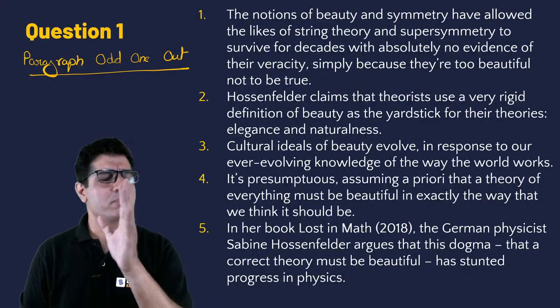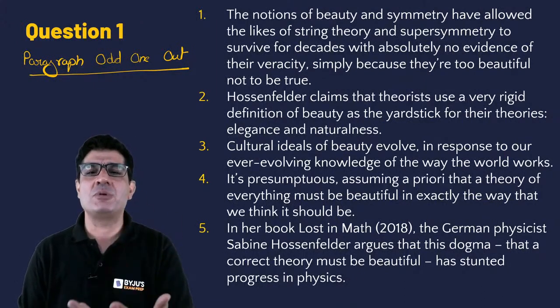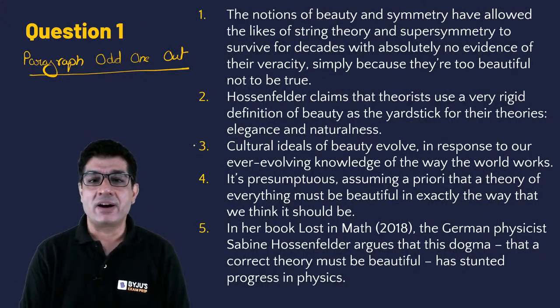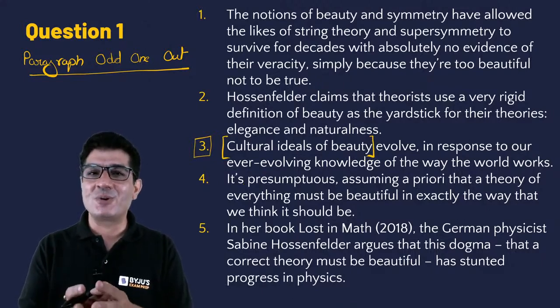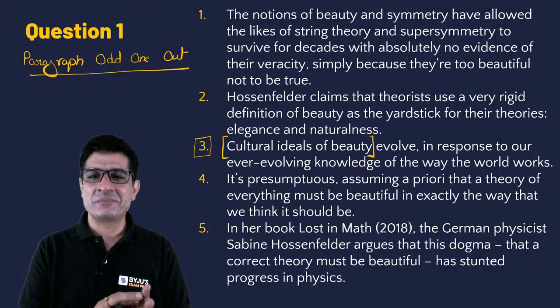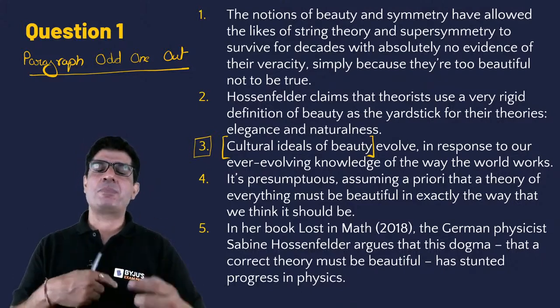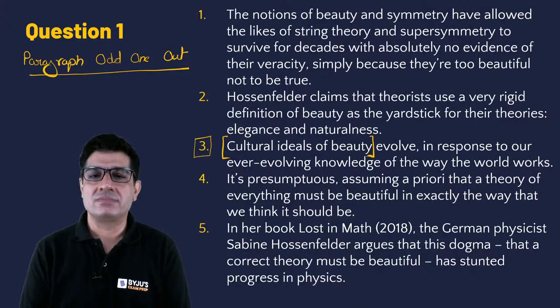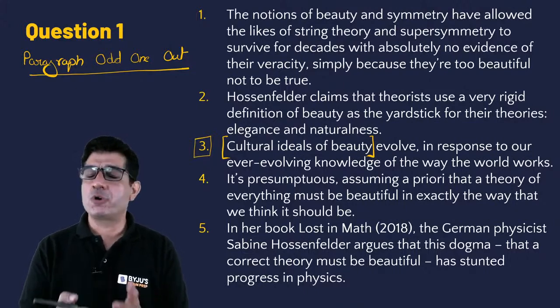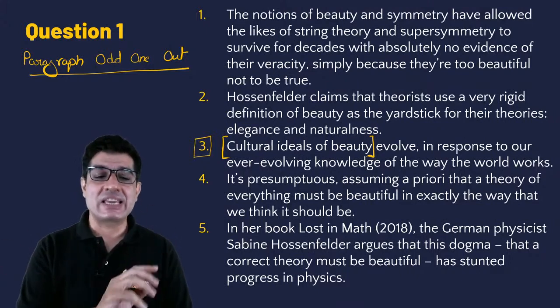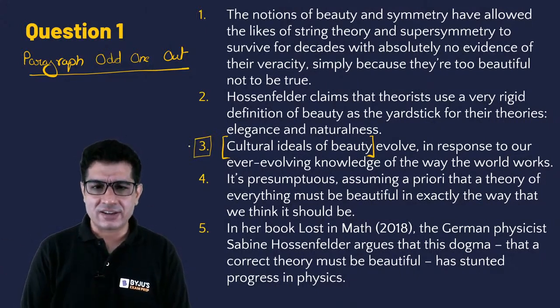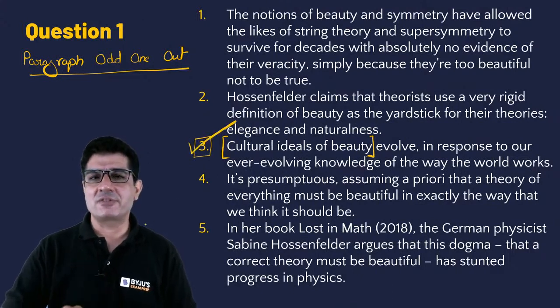All of them are talking about beauty in a theory, or a theory being beautiful or elegant. But if you look at sentence number 3, it talks about cultural ideals of beauty. Now obviously cultural ideals of beauty are not going to talk about beautiful theories, right? So if I simply look at it in terms of a theme, I'd say that 1, 2, 4, 5 happen to have the same theme, whereas 3 is talking about something else, and that is why 3rd is going to be the right answer for this particular question.